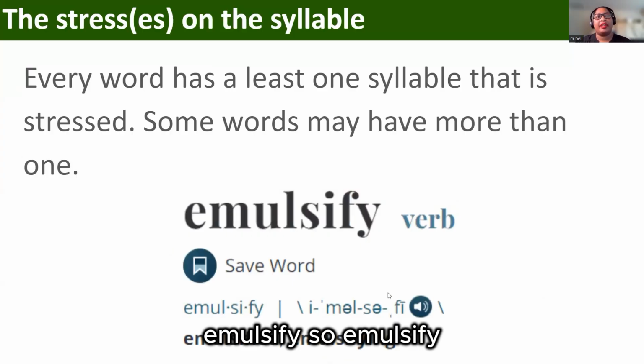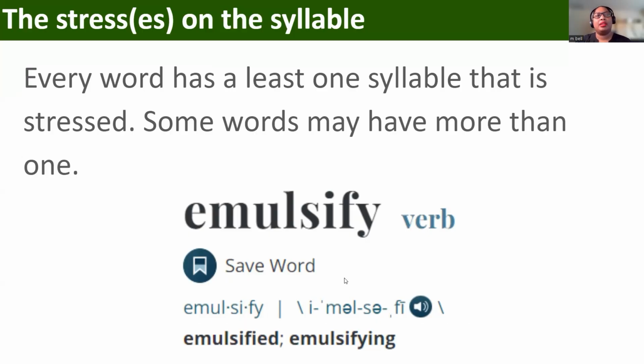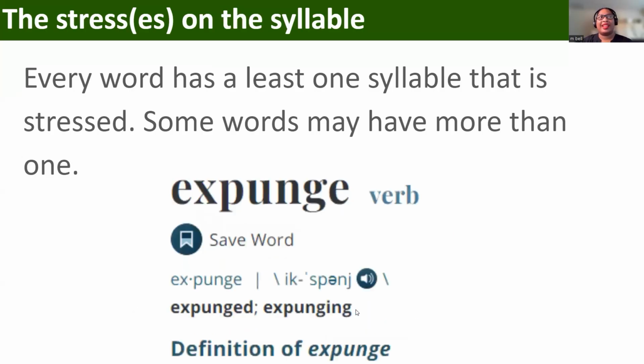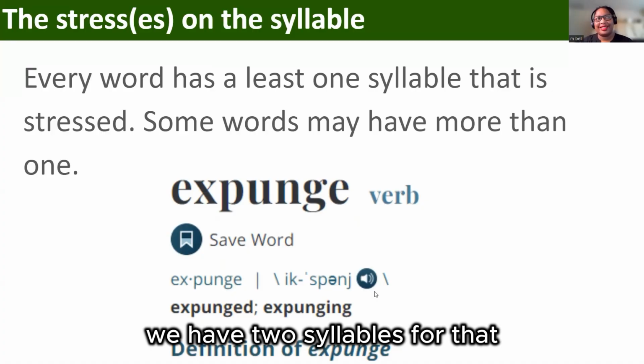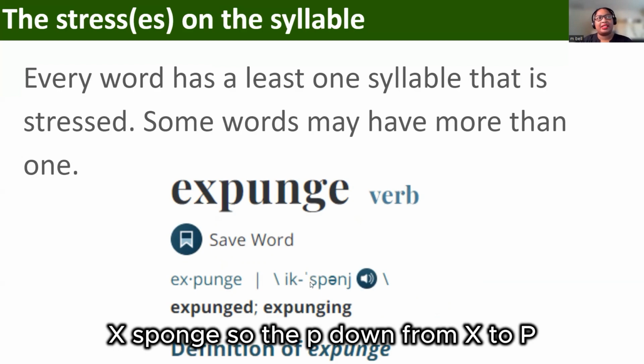With emulsify, we see that the M is stressed and there's a lower stress on the last syllable. Expunge. We have 2 syllables for that. The stress of the word is on sponge. Expunge. So the P sound from X to P.